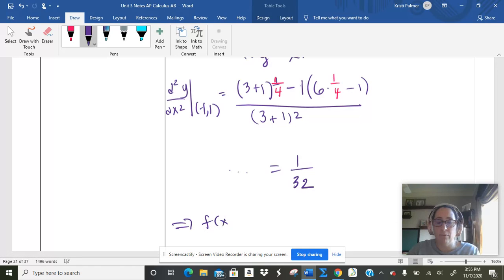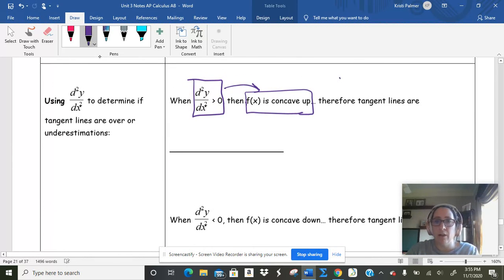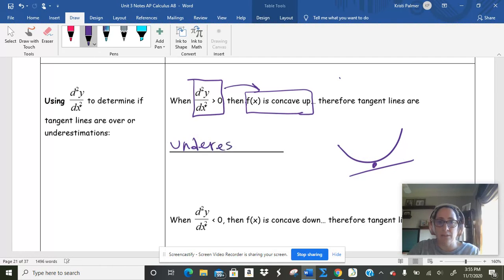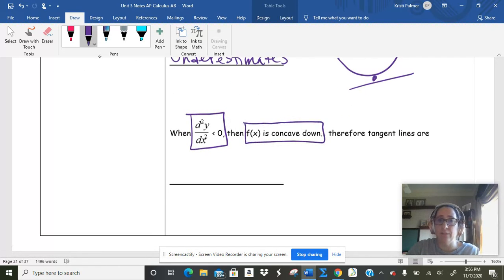So we know that f of x is concave up at that point that we just plugged in. And when we are concave up, again, we said tangent lines are underestimates. And then flip-floppy, when our second derivative is negative, f of x is concave down, shaped like a frown. And so tangent lines are overestimates.